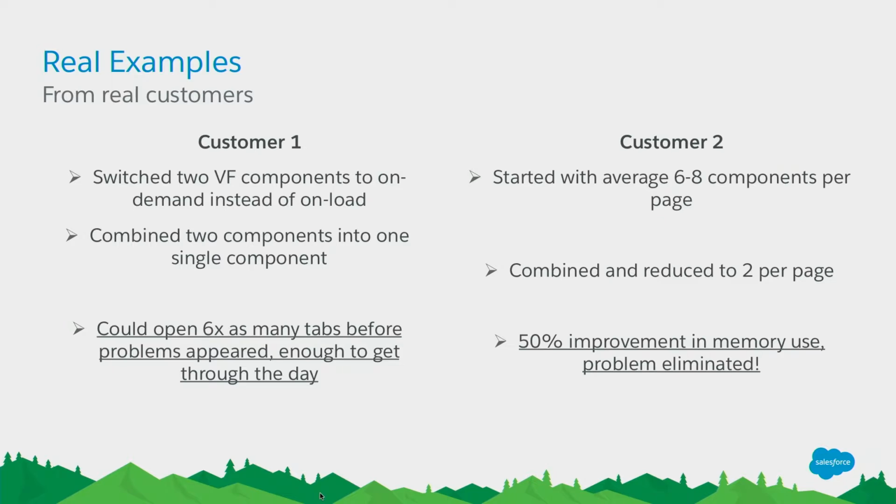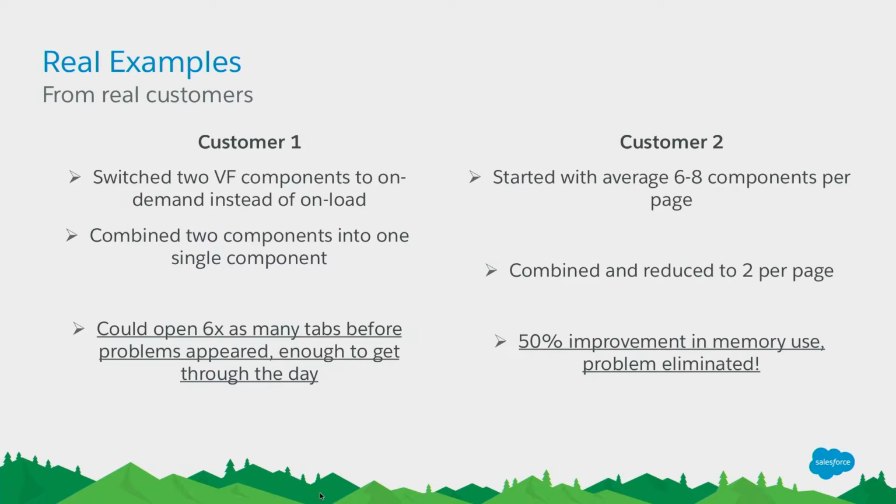They changed two of their Visualforce components to load on demand, and they combined two of their components into a single component using Visualforce components. And the end result was they were able to open 6 times as many tabs before any problems appeared for the users. So it went from about hitting issues after 30 tabs, which is not very many, to 180 tabs, which was more than enough to get their users through the day.